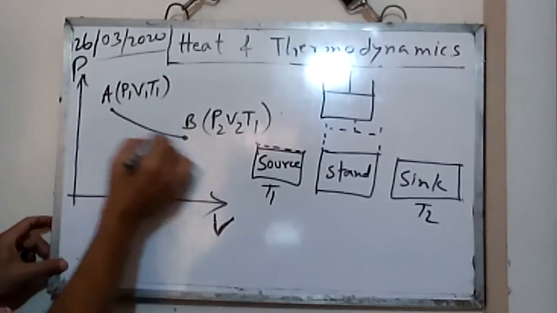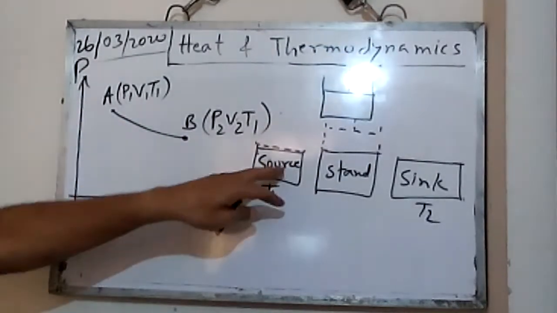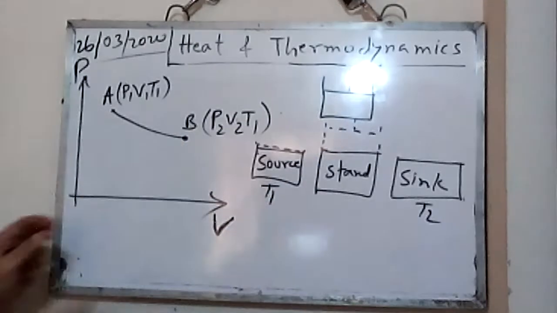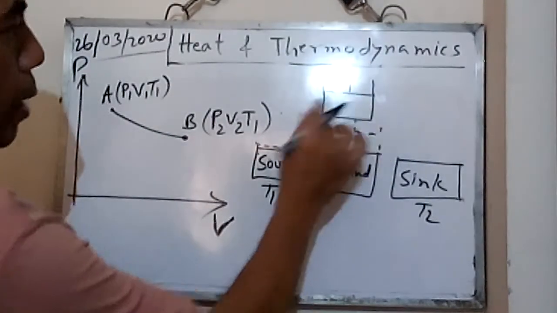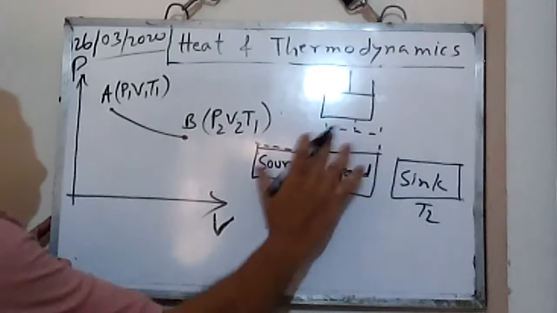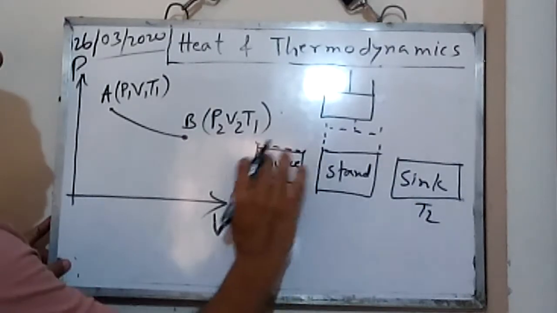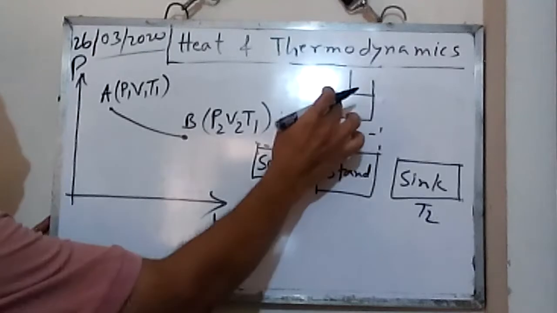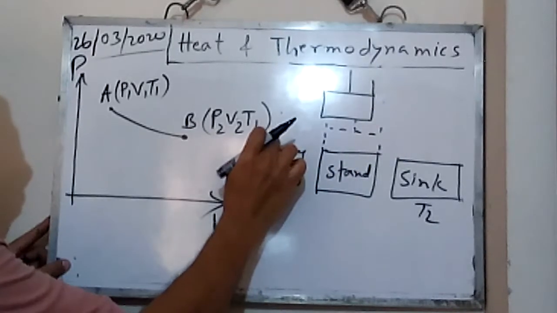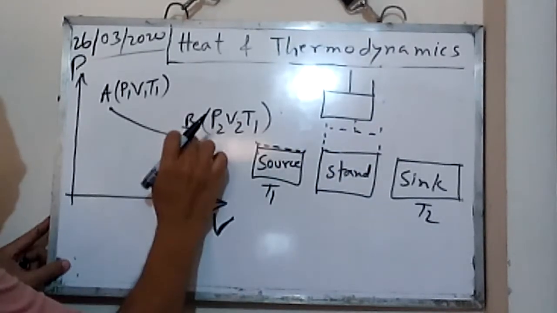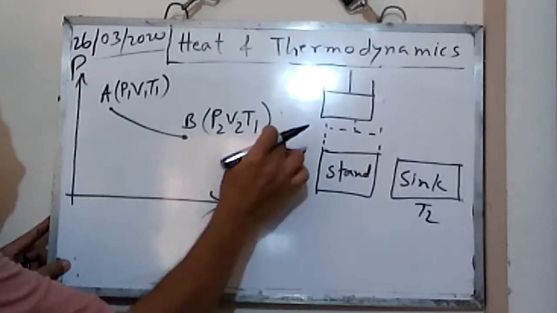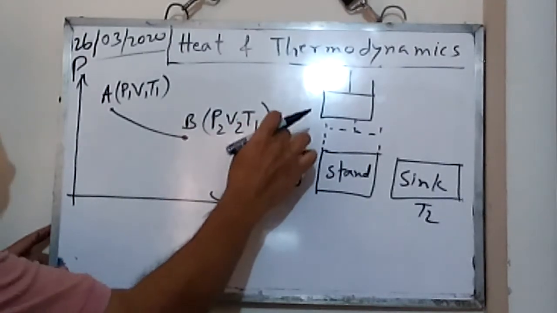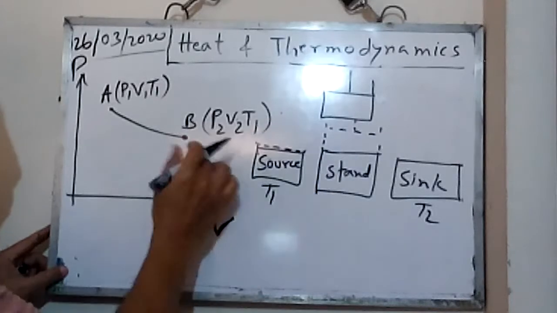This is actually A to B. This is the first operation. This is completely isolated from any other source, stand or sink. Then the point is A, and when it contacts the source, we get B, where pressure decreases, volume increases and temperature remains the same.